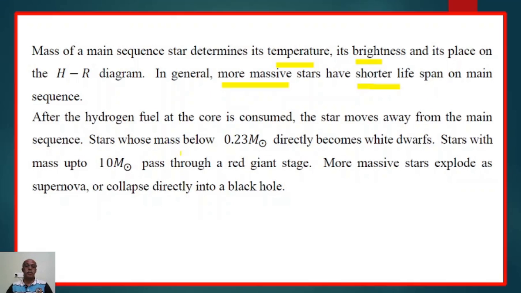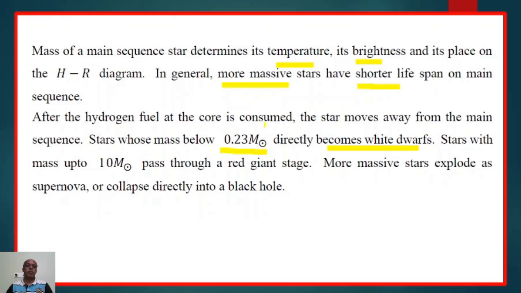Stars with masses below 0.23 times the solar mass directly become white dwarfs. So you can see here, once the hydrogen fuel at the core is totally burnt out, the star will no longer remain in the main sequence. It will automatically move out of the main sequence.